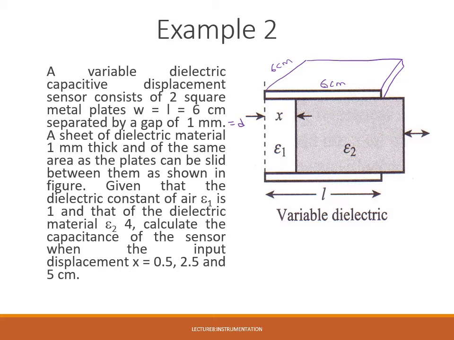So given that the dielectric constant of air is 1, epsilon 1 is 1, and the dielectric of the material is 4. So we need to calculate the capacitance of the sensor when the input displacements equal to 0.5, 2.5, and 5 cm. So meaning when x is equal to 0.5, 2.5, and 5 cm.